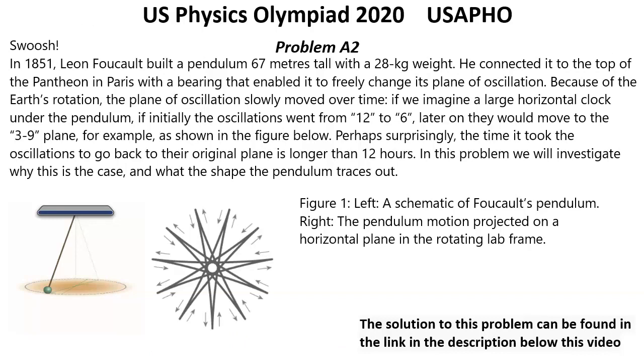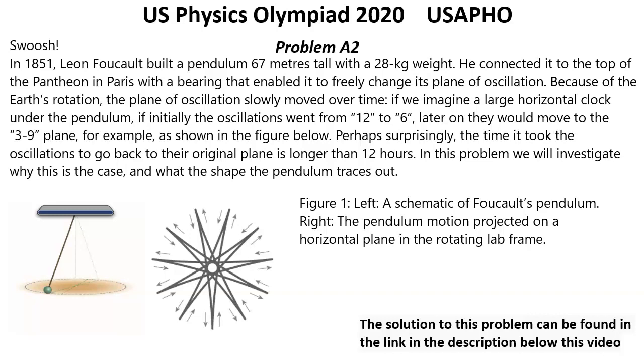US Physics Olympiad, year 2020, USAPHO, final round. Problem A2. Swoosh. In 1851, Leon Foucault built a pendulum 67 meters tall with a 28 kilogram weight.